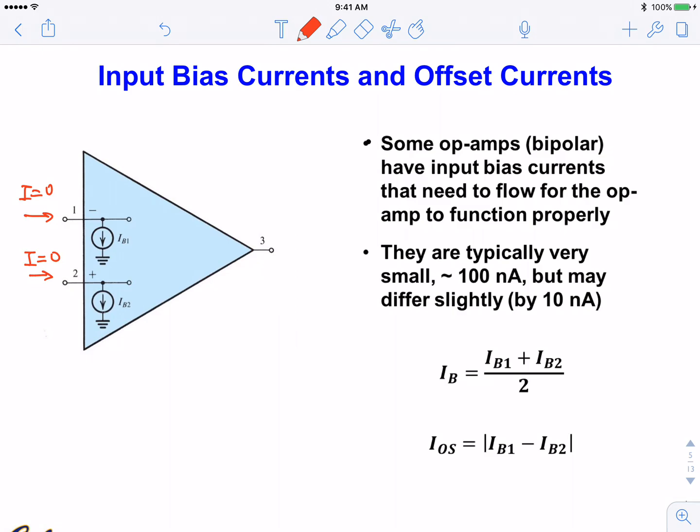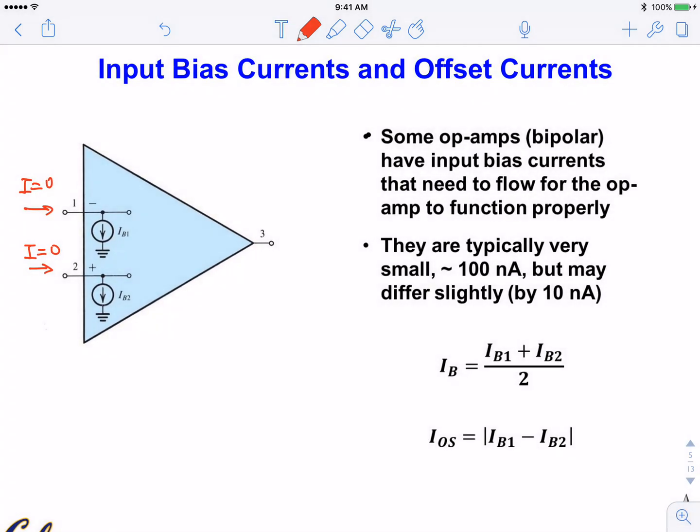For a MOS op-amp, we're going to talk in detail about MOS. MOS stands for metal oxide semiconductor. That's the dominant transistor we use today. In a MOS op-amp, this input current I is kind of equal to 0. Let's call this IB.